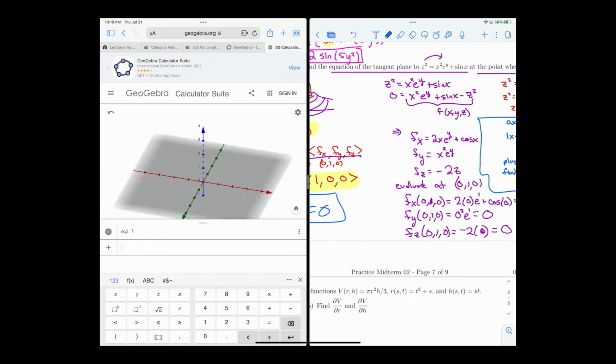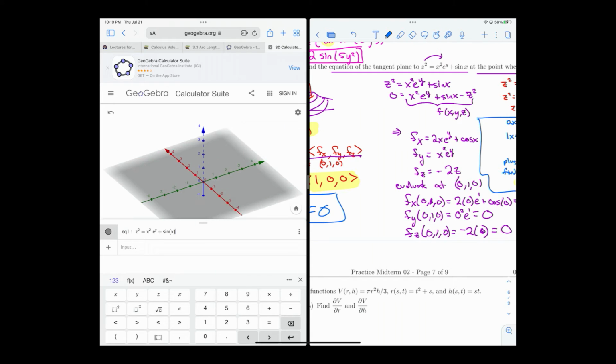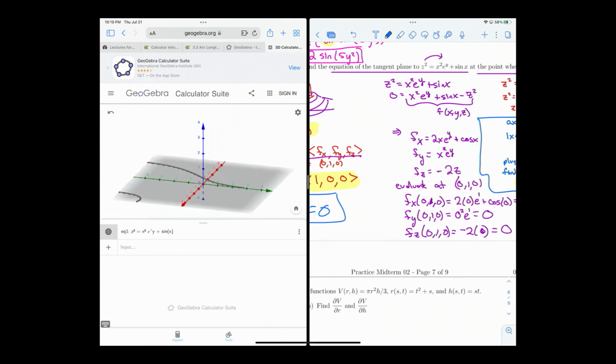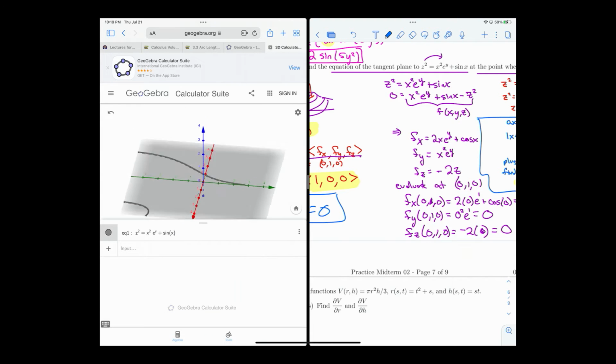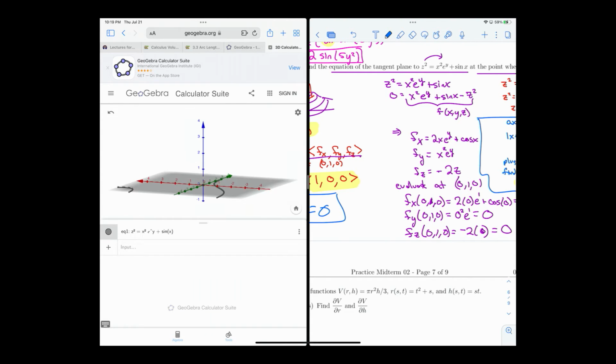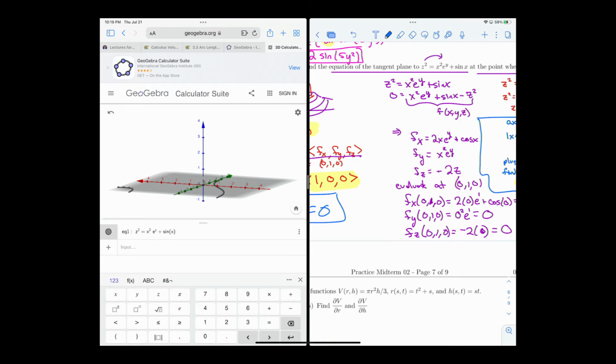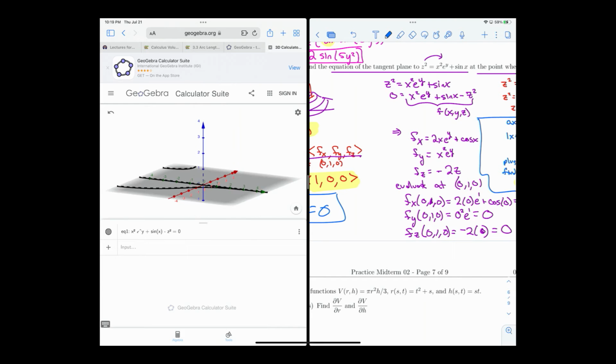Go. It didn't plot it? Okay, well, did you plot it? Hmm, not really seeing a surface here though. Maybe I can do this. Well, it's a little bit disappointing.